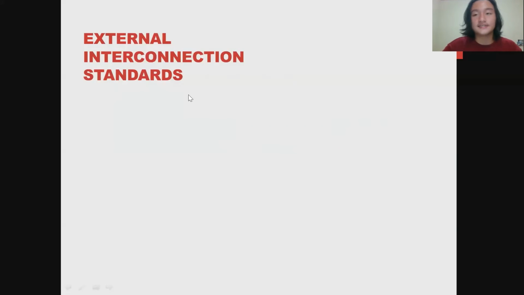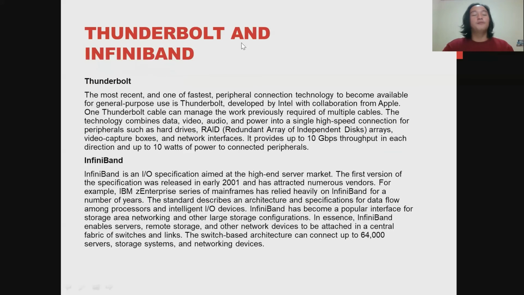External interconnection standards. Thunderbolt and InfiniBand. Thunderbolt, the most recent and one of the fastest peripheral connection technologies to become available for general-purpose use, was developed by Intel with collaboration from Apple. One Thunderbolt cable can manage the work previously required of multiple cables.